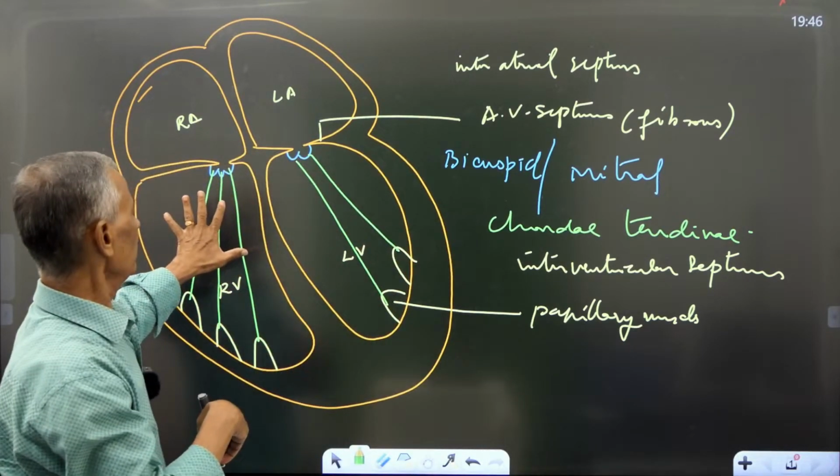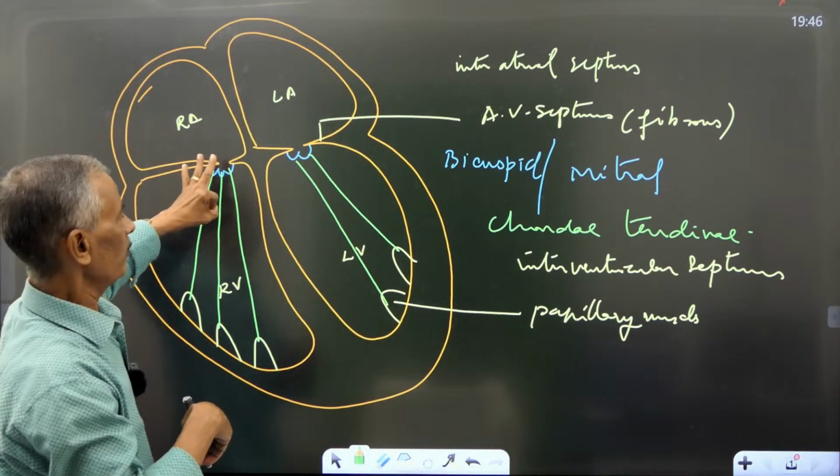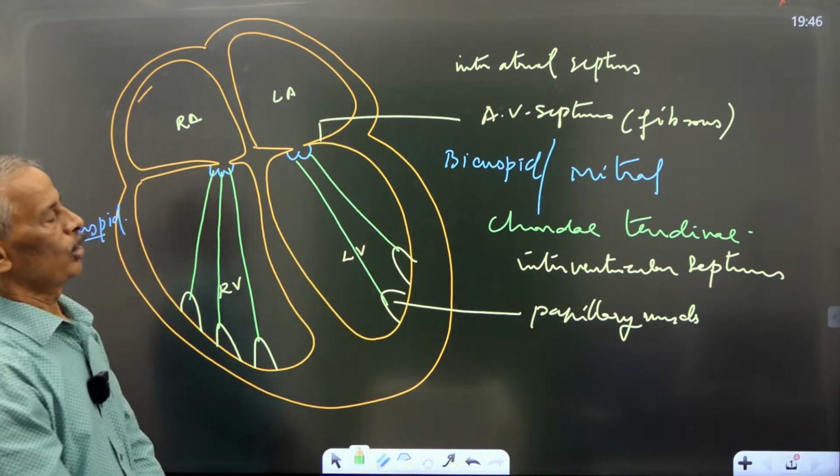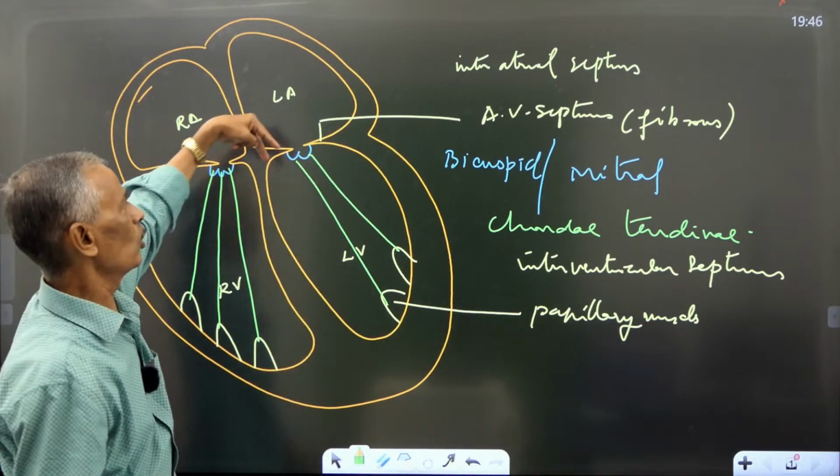3 on this side, because there are 3 flaps here, and 2 on this side. We have only 2 here because they have only a bicuspid valve.